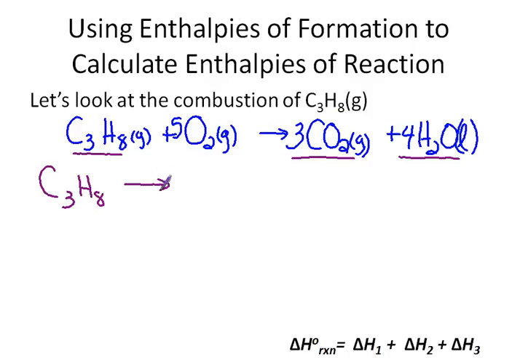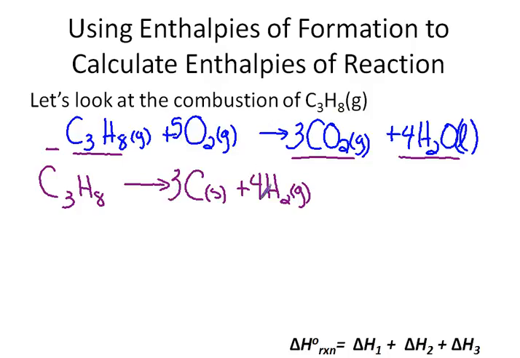It is formed from carbon, and we just said earlier it's not diamond carbon, it's graphite carbon, plus hydrogen in its most standard form, which is H2, okay? And we need to balance that because we only want 1 of those. So that means we need 3 carbons and we need 4 of these guys, okay?